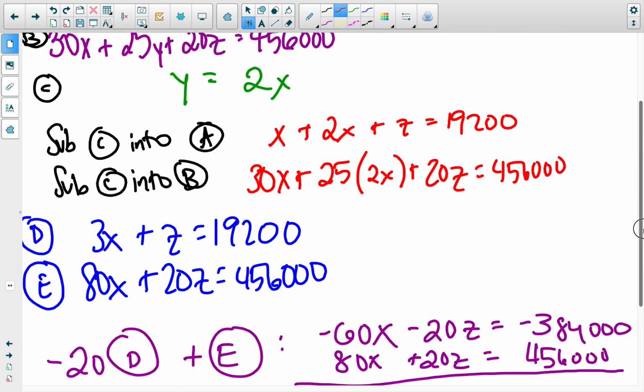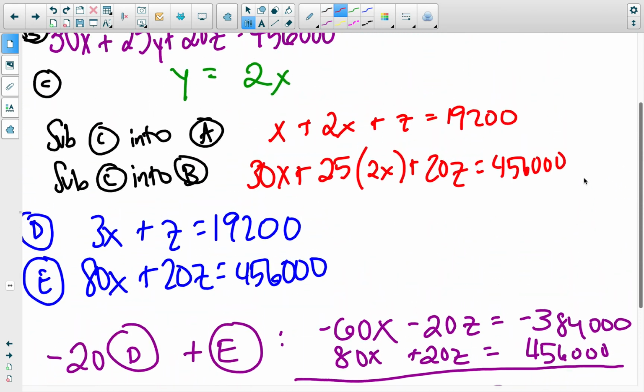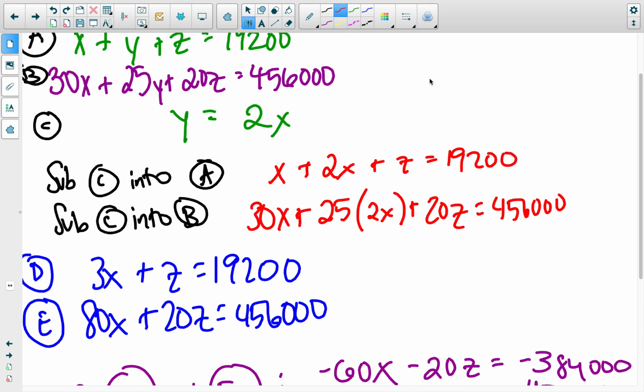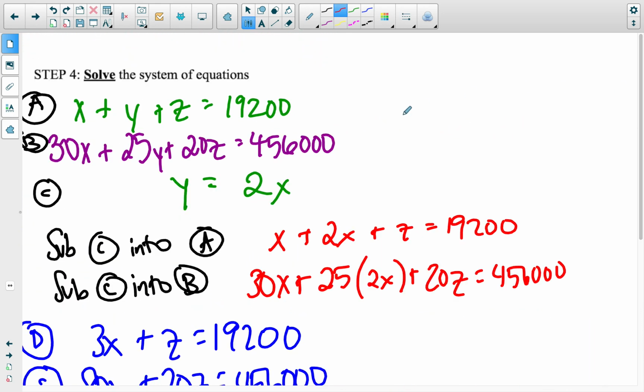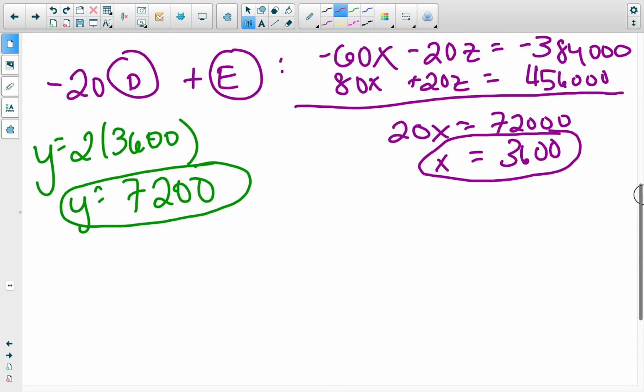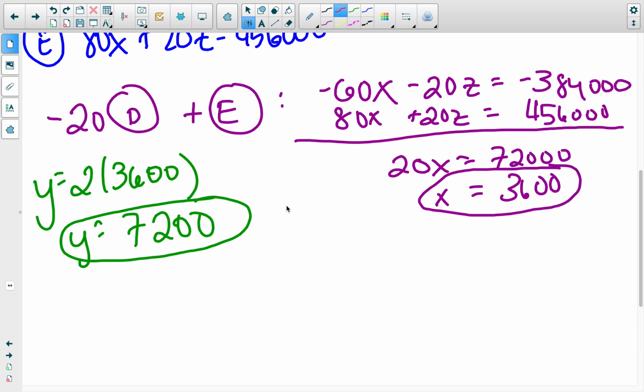So to figure out my z, I know x, I know y, which means I'm going to have to go back up to one of the originals and use an equation that has z in it. I'm going to use the top one because it's going to have the least amount of division required. All right, so we're almost there, I promise. You guys are troopers.